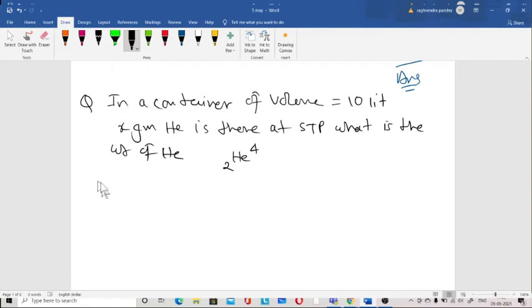So let's solve it. Number of moles is your 10 upon 22.4, so that is approximately equal to 0.44 moles.